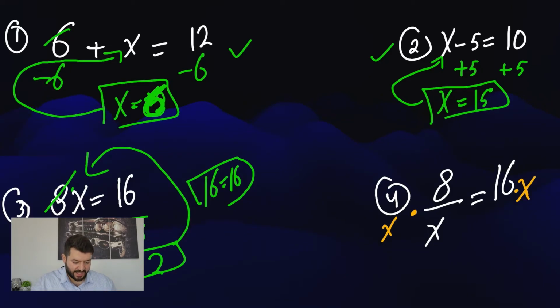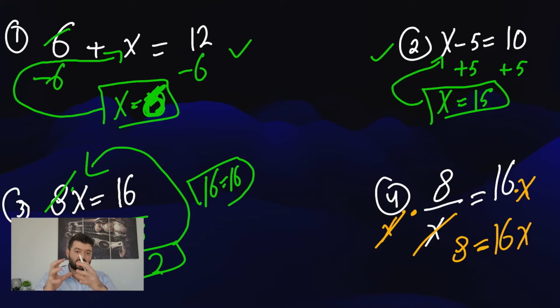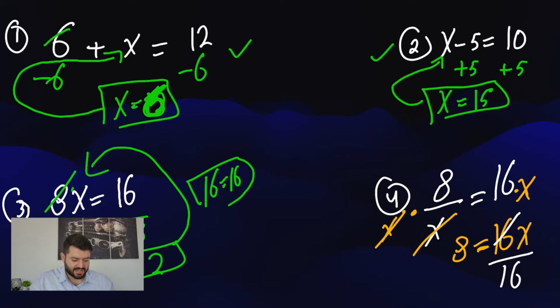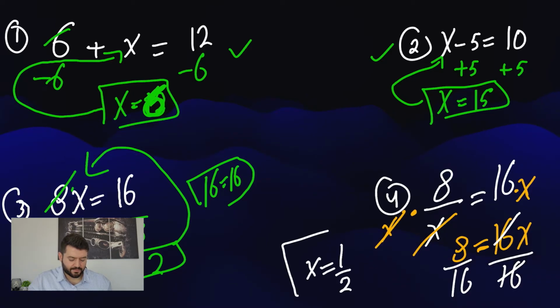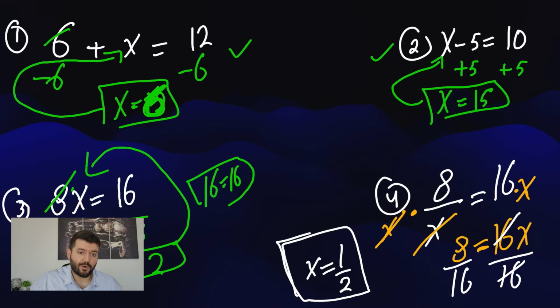So x is going to be cancelled with x. Then I end up having 8 equals 16x. So I was able to shift the x to the other side. Now I'm going to do the second step, which is divide by 16. x equals 1 over 2.